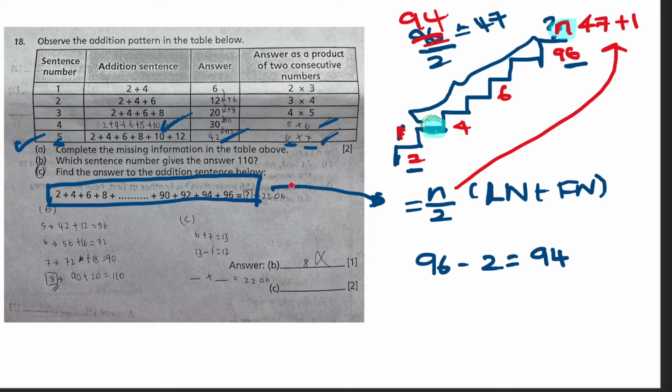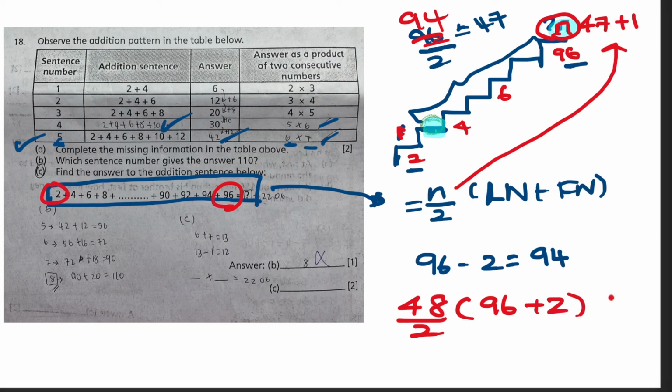So if I want to find the sum of this one, once I manage to find n, everything is very simple. So plug into this formula: 48 divided 2, my last number is 96, I add back my first number. Because this always comes in a pair.